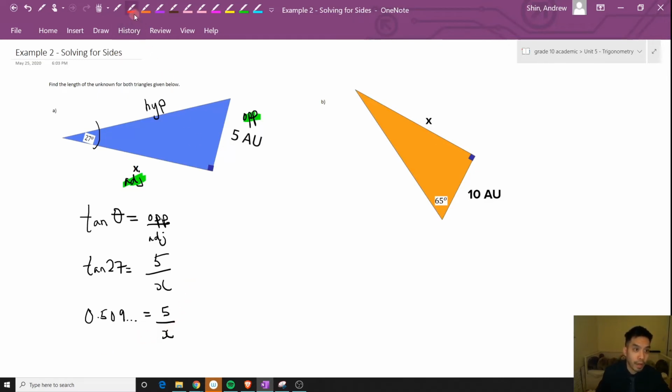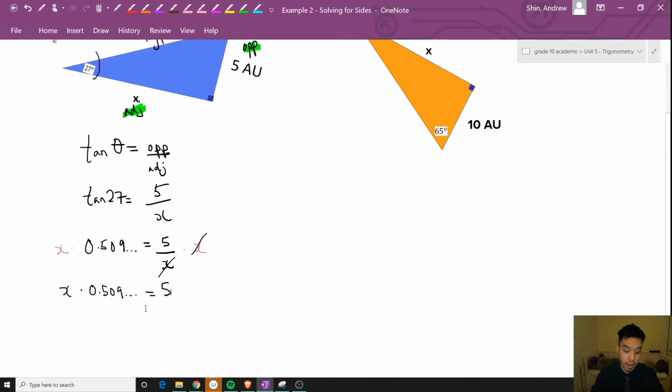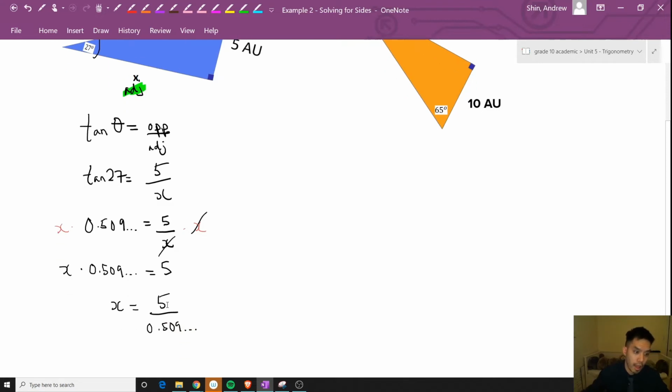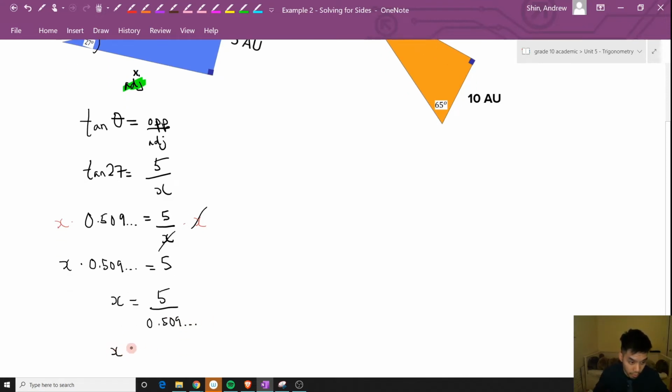If I multiply both sides by x, this divides out, and we're left with x times 0.509 equals 5. Now, to isolate for x, we have to do the opposite of multiplying by 0.509, which is dividing by 0.509. And what we have here is going to be the answer.